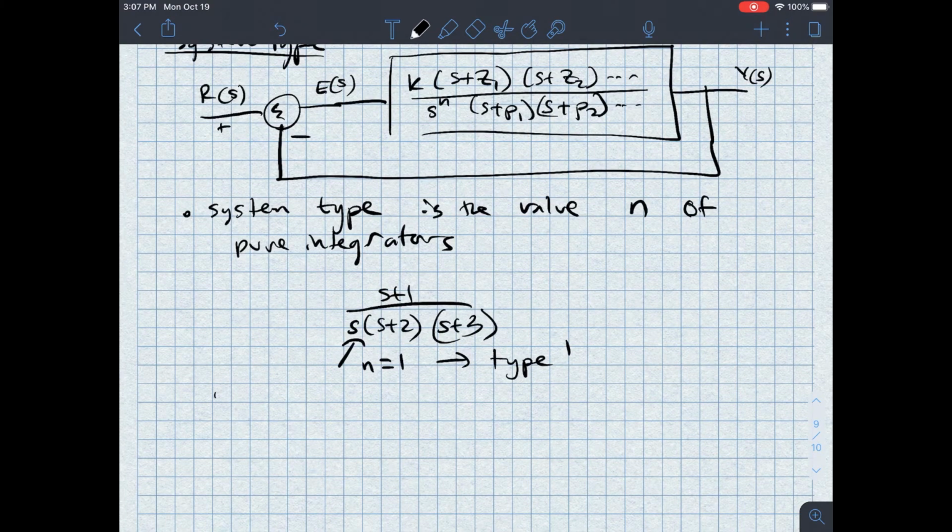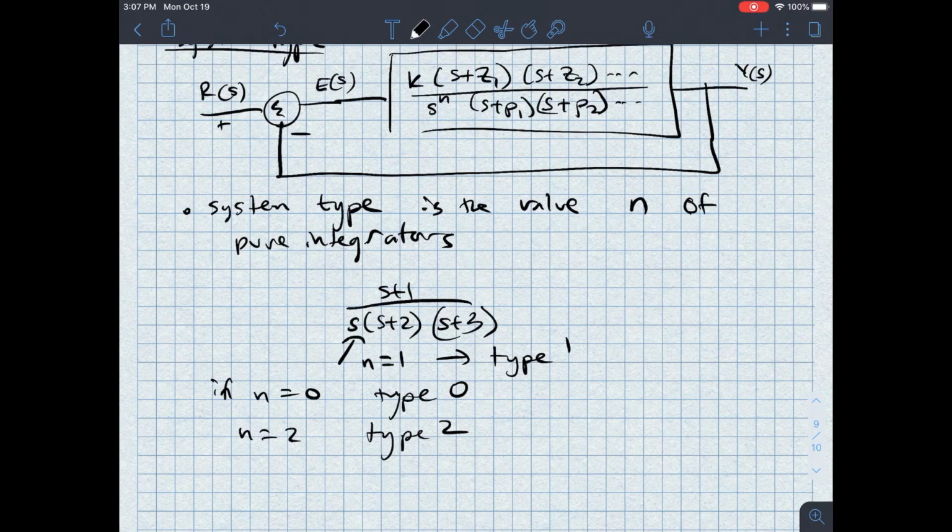If this power N is 0, then I call it type 0, and if N equals 2, then it's type 2. So I want to be really careful that I make sure I get this. When I factor out all of my poles, the number of poles located at 0, that's the number of pure integrators in the system, that is the system type. So that's where that comes from.